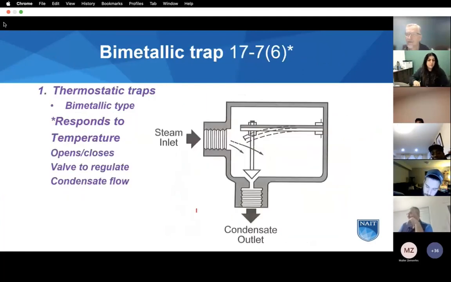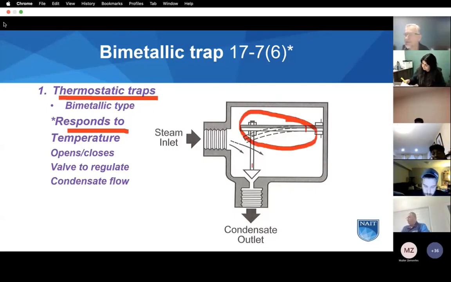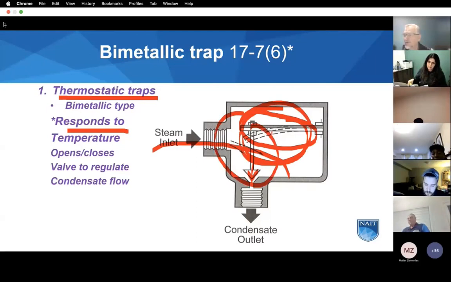Thermostatic type, bimetallic type is also thermostatic, responding to temperature. And there's a bimetal strip in here that's holding a valve closed when the strip is hot. When this area is filled with steam, should water come in and cool things down, it will open.